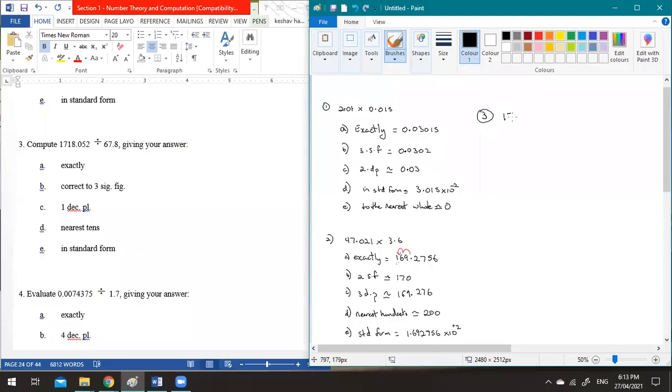Right, number 3 is 1718.052 divided by 67.8.